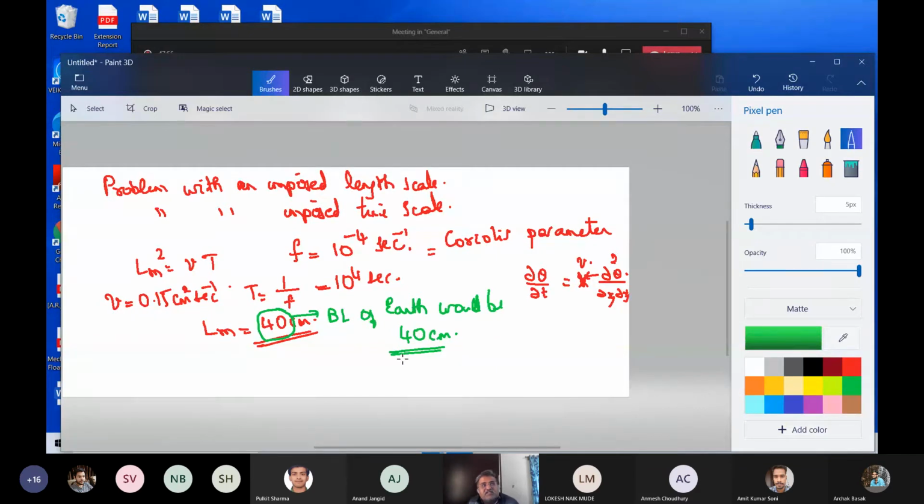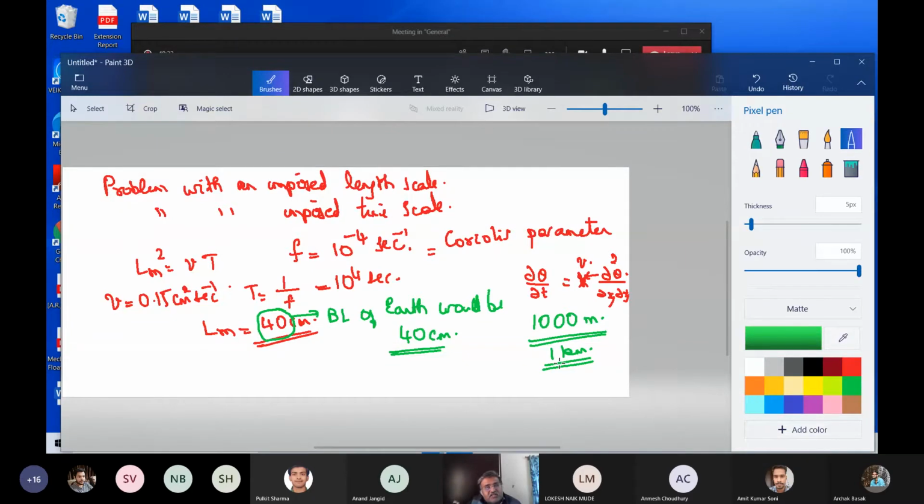That is not true. Obviously, we know that the boundary layer of Earth is about an order of 1,000 meters, about 1 kilometer. Up to 1 kilometer, we have the boundary layer of Earth. And beyond that, there are other layers like stratosphere, troposphere, etc., where the amount of mixing becomes very less. It's very laminar in those regions. Space is very laminar.